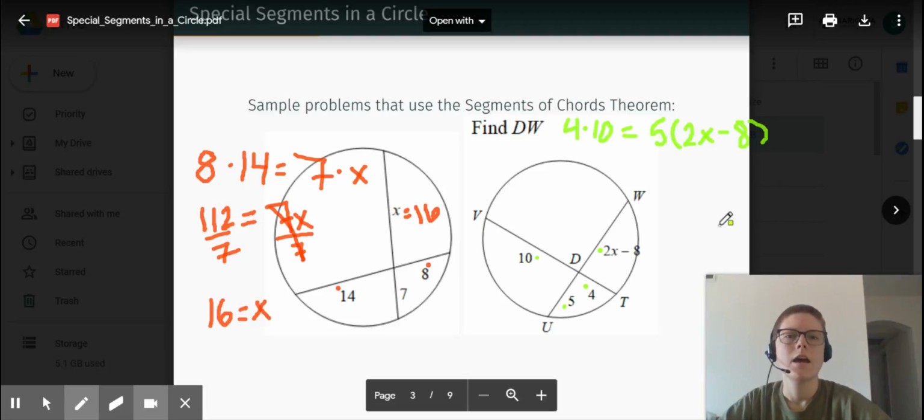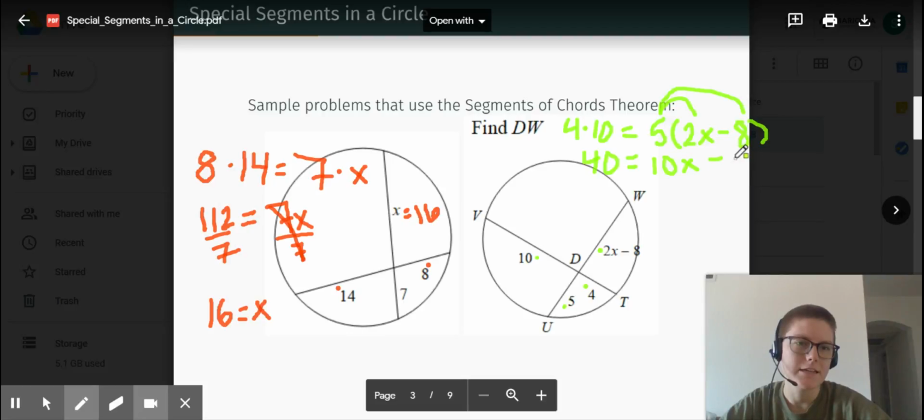We're going to simplify this to 40, and I'm also going to distribute this 5. So 5 times 2x is 10x, and 5 times 8 is 40. Right? So then we've got 40 is 10x minus 40.